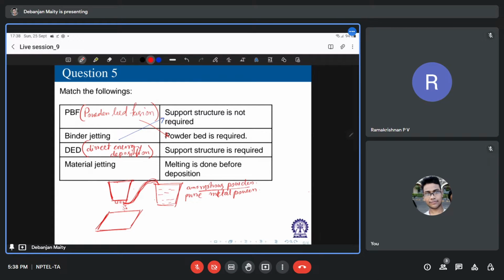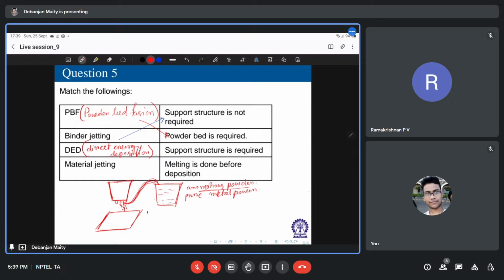And as I said, this heating and this spreading of powders are all synchronized. So whenever it is getting spread, at the same time your laser scans over there, and before getting deposited it's melted.